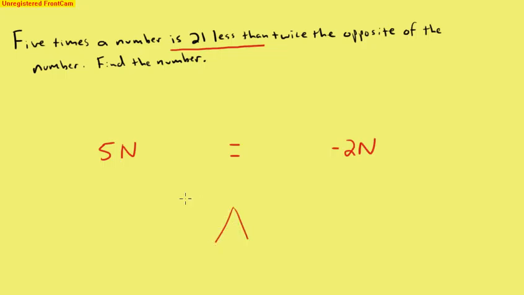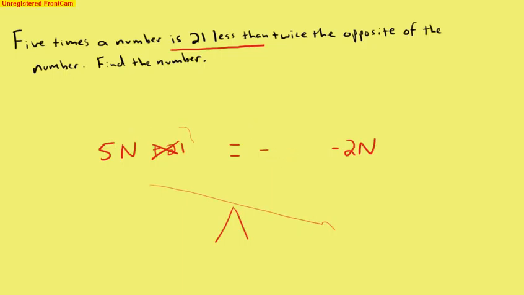So when we think about the scale, if it's 21 less than, it's higher up in the air. Our choices to make it equal would be to add 21 to this side, and then it'd be equal. Or, if this originally was 21 less than, that makes the other side 21 more, so the other choice is to subtract 21 from that side.